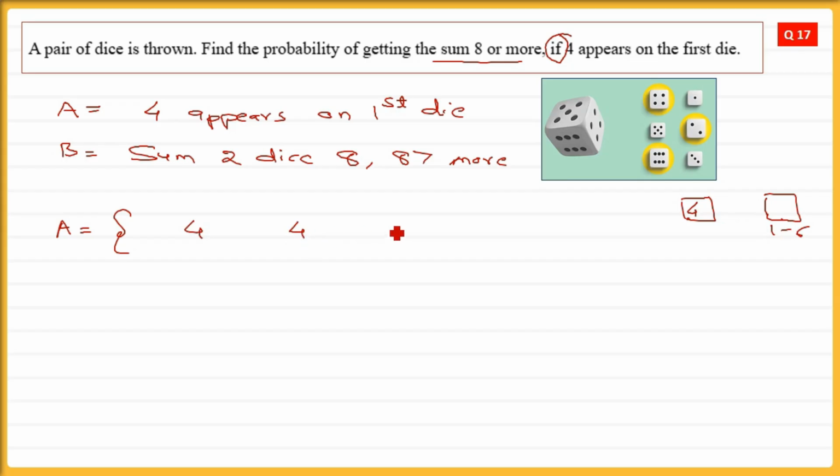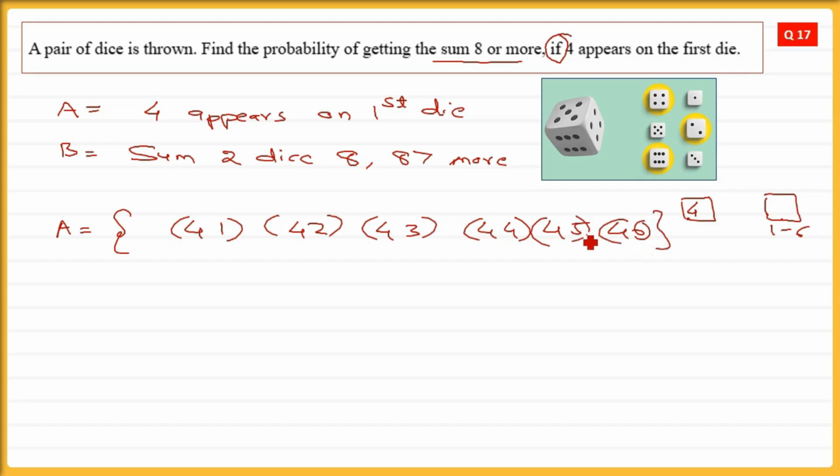So 4 you can fix like this. 4, then 1 can come, 2 can come after that, 3, 4, 5 and 6. So you see here, these are all the possibilities. Separate by a comma, the representation has to be quite good, because this is how we represent this set. So number of elements in A is 6. You can count them. From 4,1 to 4,6, it's 6.